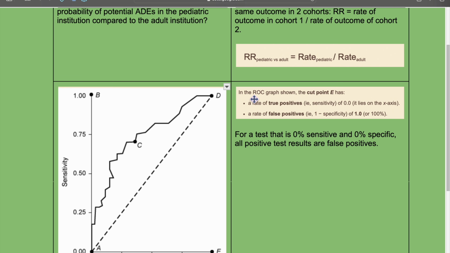In ROC graph, what was that ROC? Area under curve. Okay, I remember the full form of that. The cut point E has a rate of true positive, that is sensitivity of 0.0. It lies on the x-axis.